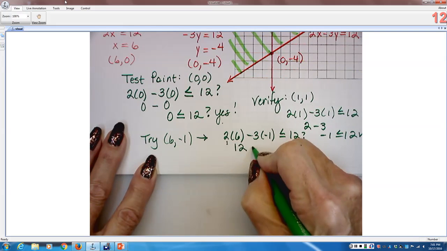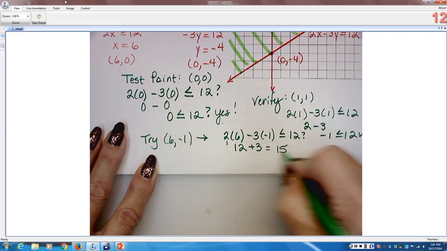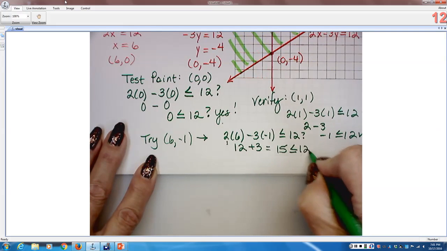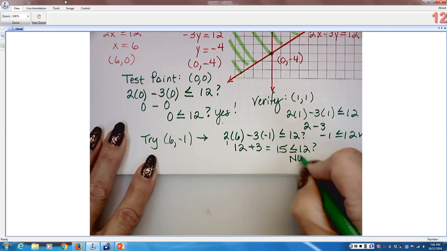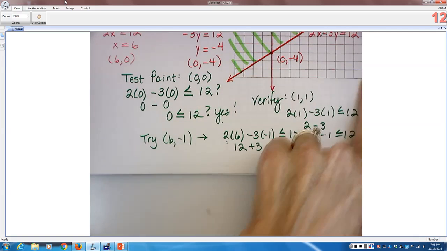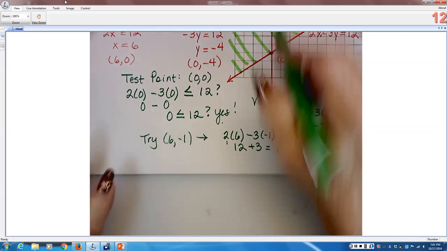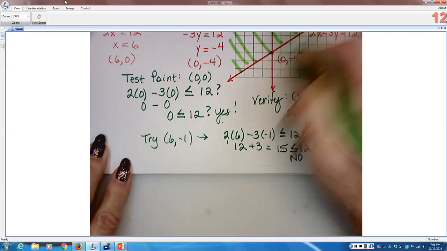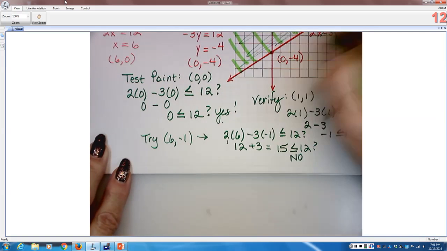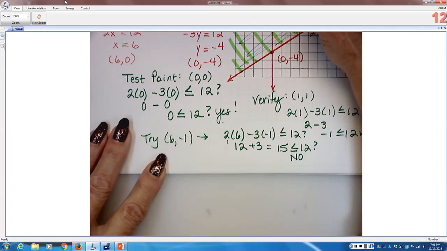Negative 3 times negative 1 is positive 3, which is 15, and 15 is not less than 12. So that one didn't work, and no point on this side of the line will work. So this is our solution. This green area, all of that green area that's on that side of the line, or everything basically above the line, is the solution.